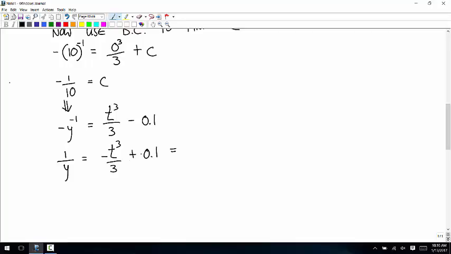And get a common denominator here. So we have negative t cubed plus 0.3 over 3. And now we can take the reciprocal of both sides, and we get that y as a function of time is equal to 3 over the quantity negative t cubed plus 0.3.